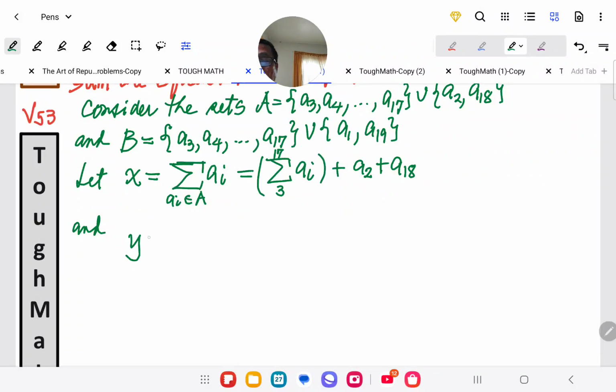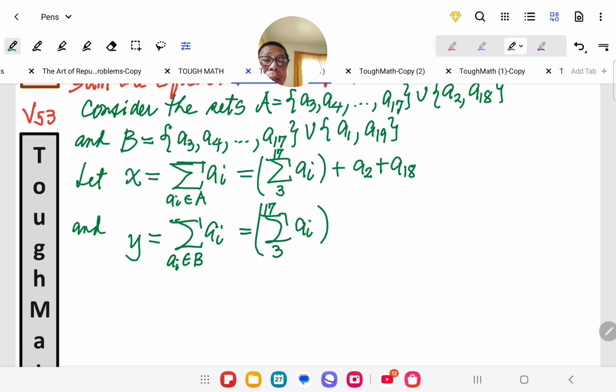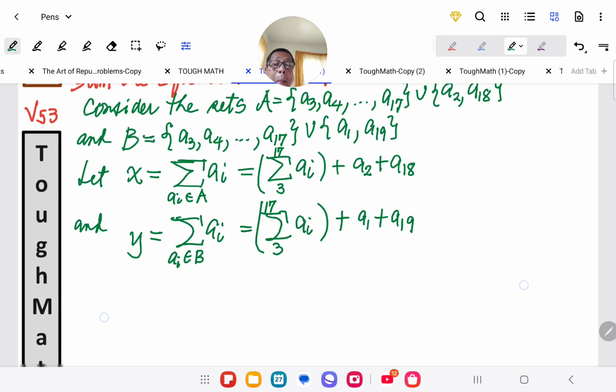And Y is equal to the sum of all the A_i's coming from B. Therefore, this is the sum of all the A_i's from 3 to 17, again a separate sum, plus A sub 1 plus A sub 19.